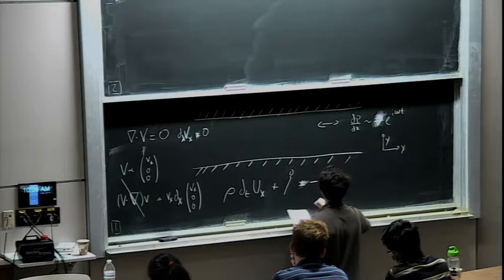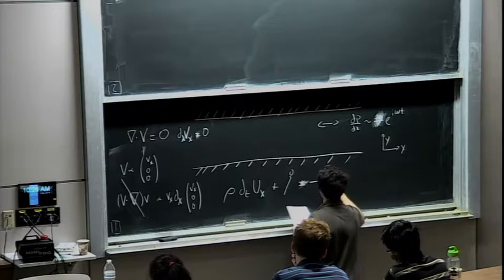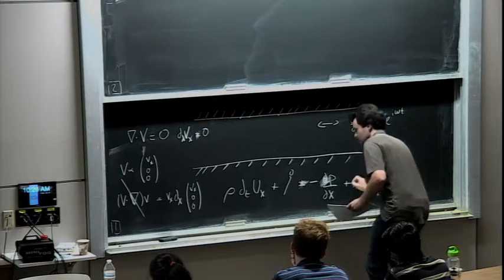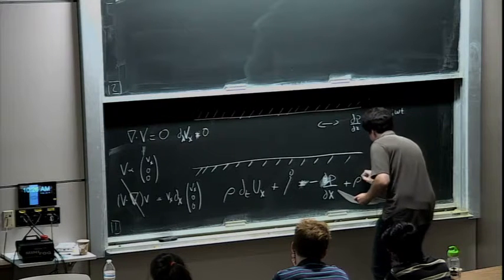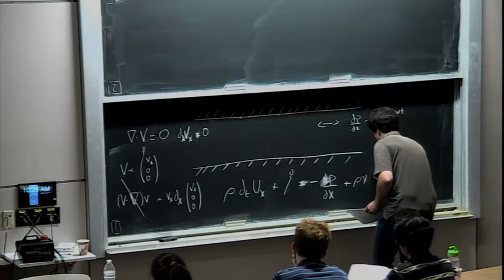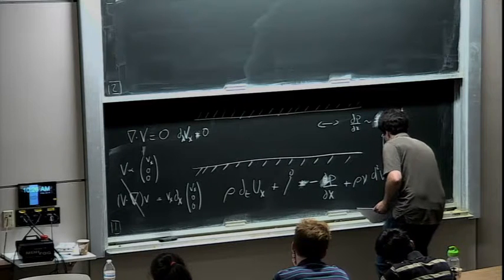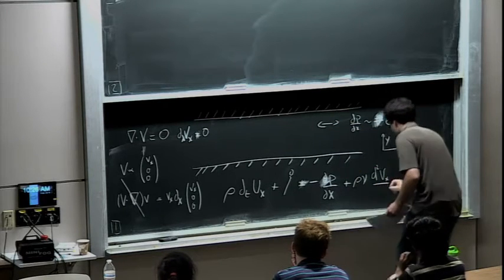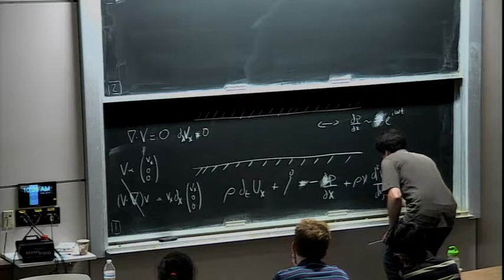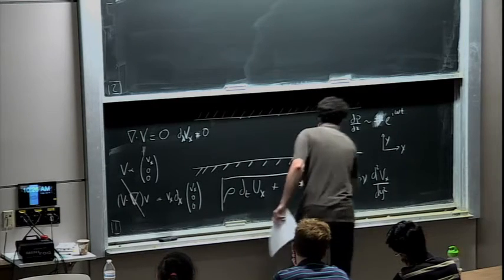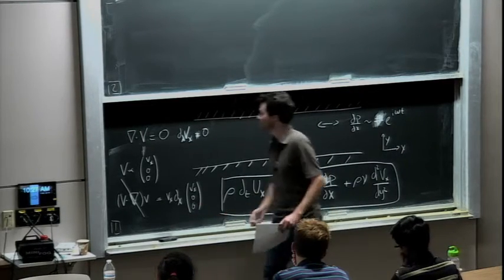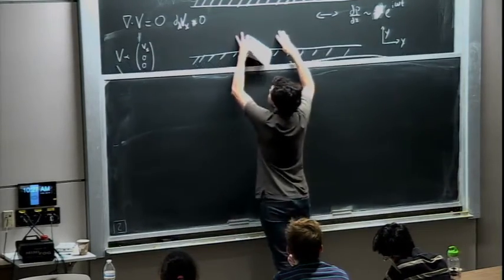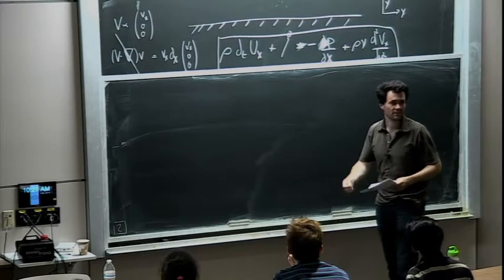In this case, I'll just put it as dp dx, plus we have our rho nu, d2 vx, and the only way in which the vx can vary in this context is in the y direction. So this is going to be by dy squared. Is everybody happy with this?